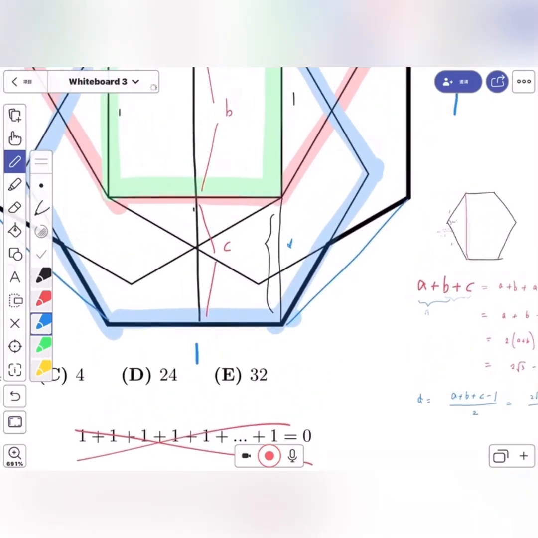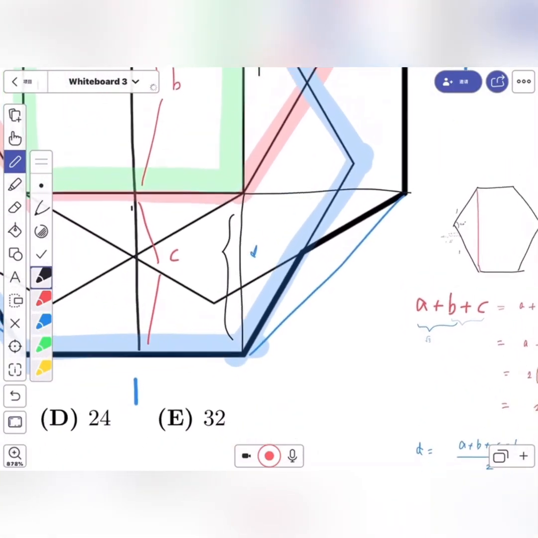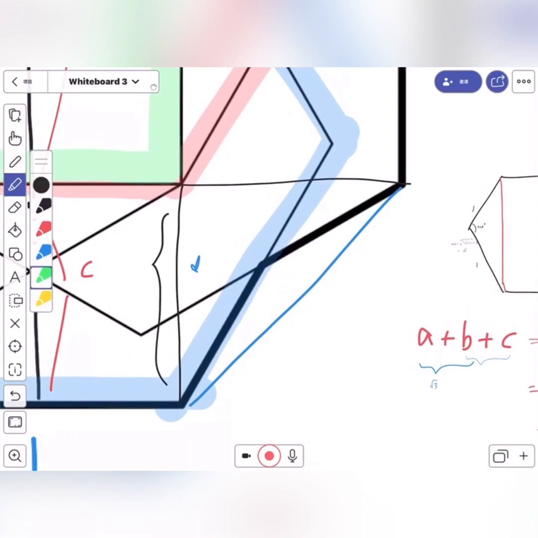Okay, now what to do next? Well, we know that if we draw a triangle, then this triangle is actually 45, 45, and 90.